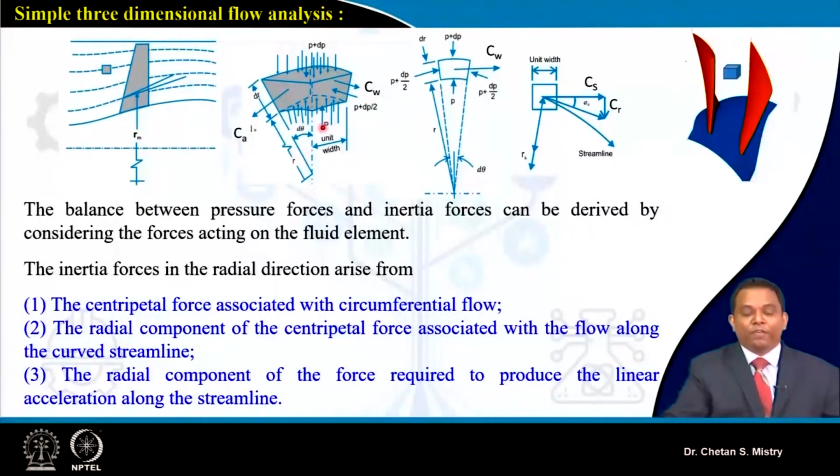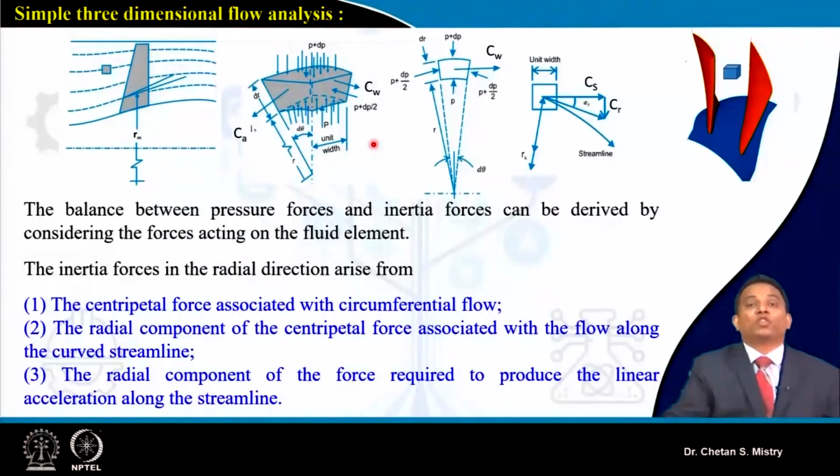Taking this as a plane, I will have my whirl component acting in this direction, and pressure forces acting on this element. On the other hand, we have the streamlined flow happening within this passage, and one more parameter, the radial velocity component.